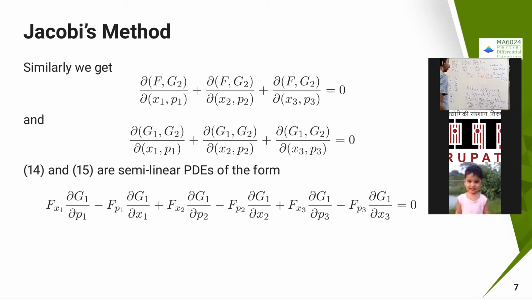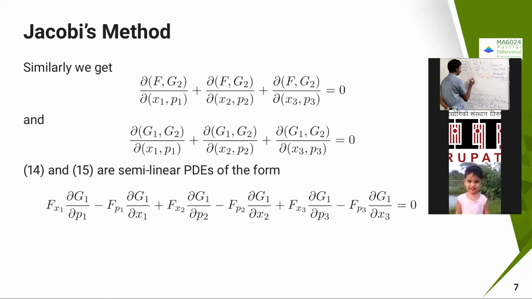In the same way, this job we did only for f and g1. Similarly, I can do the same job for f comma g2, and similarly for g1 comma g2. Then you are going to get another two relations. Wherever g1 is there, replace it with g2.